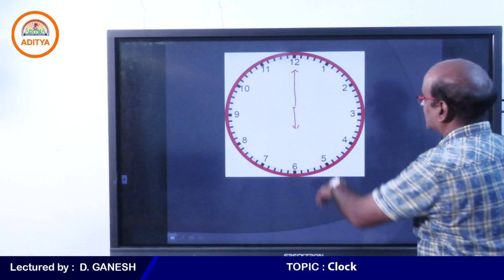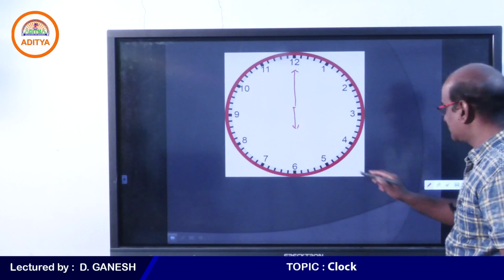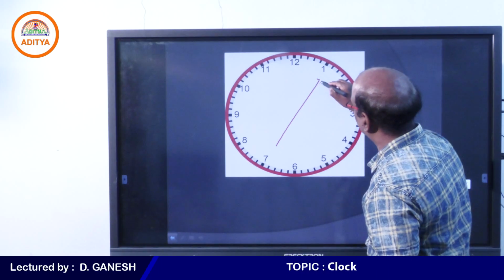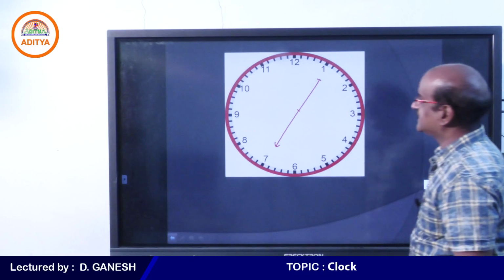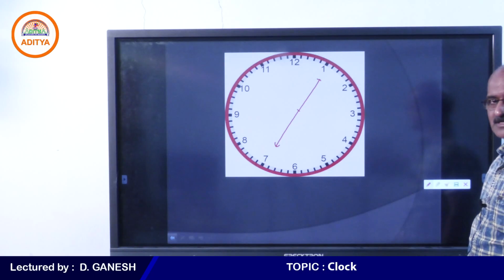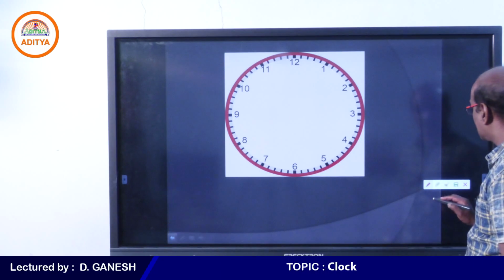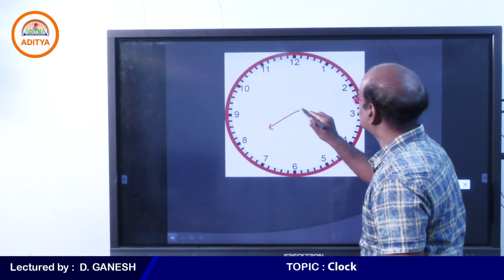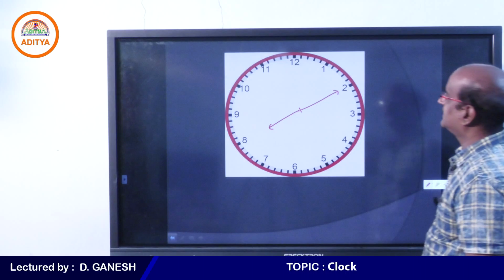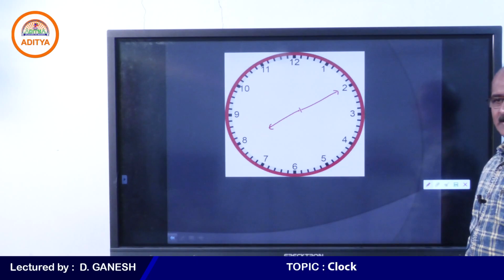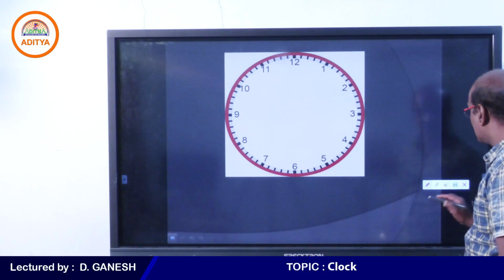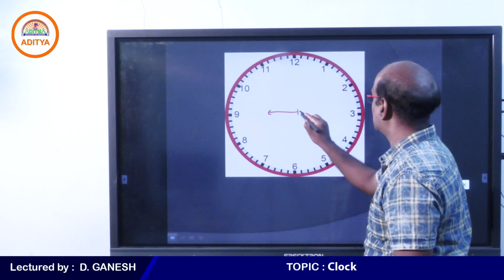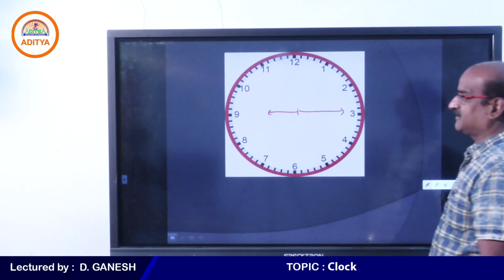So at 6 o'clock we can see both the hands are opposite to each other, and we can see the situation when the time is 7:05. When the time is 7:05, both the hands are opposite, and also when the time is 8:10. And of course, both the hands are opposite close to 9:15.